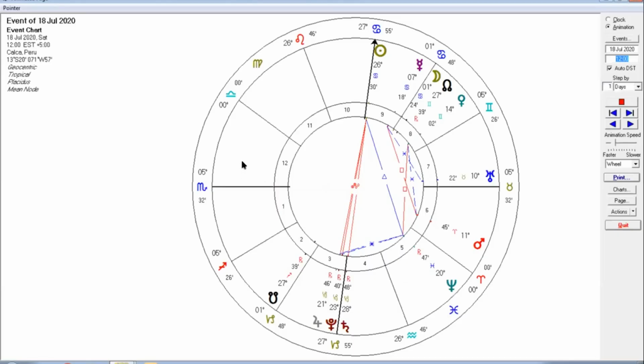So anything above the horizon was literally above the horizon in the sky when you were born. And everything under the horizon was under the earth when you were born. So this is symbolic of your personal worldview, your subjective view of life.